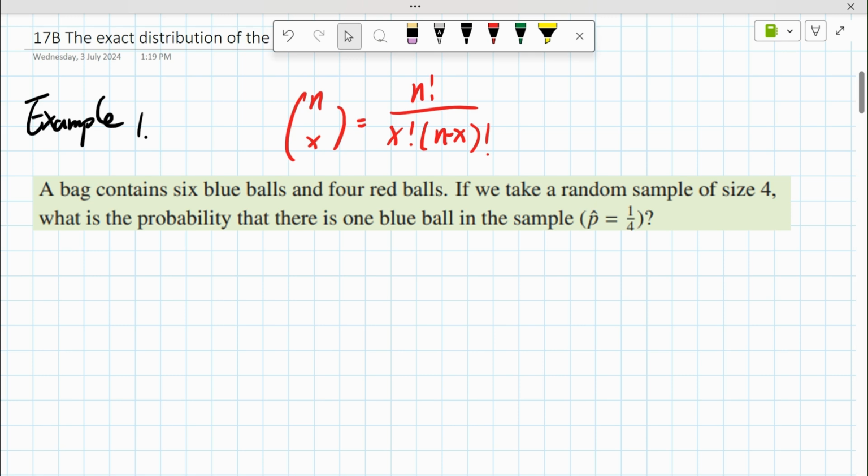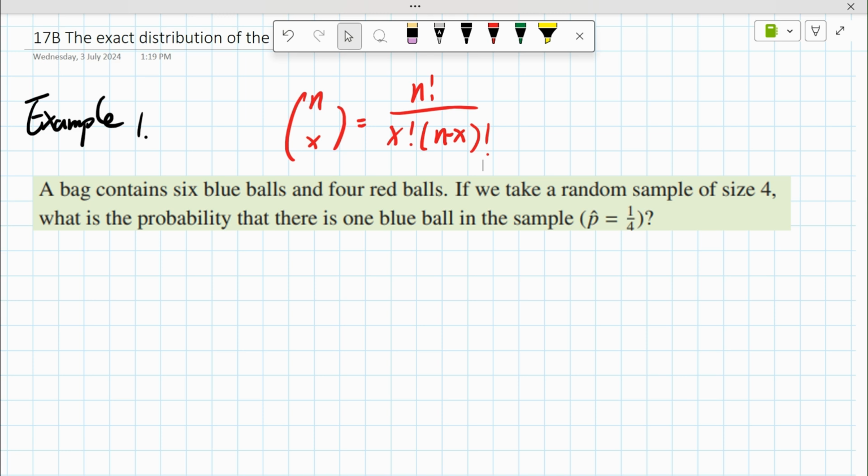Today we're going to talk about the exact distribution of the sample proportion. First thing first, you need to know what sampling from a small population is. If we have a big bag with 6 blue balls and 4 red balls, for example, and we take a sample of size 4, then we look at the proportion of blue balls in the sample.